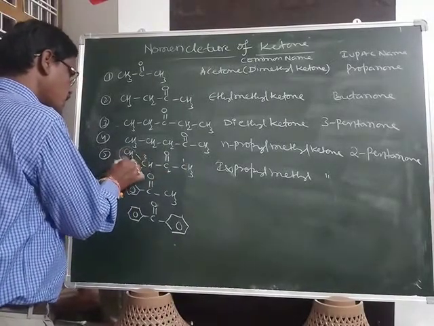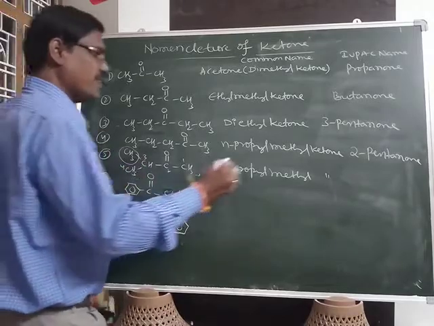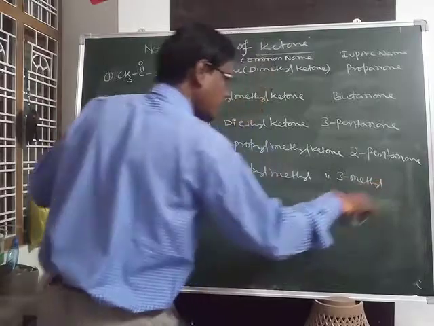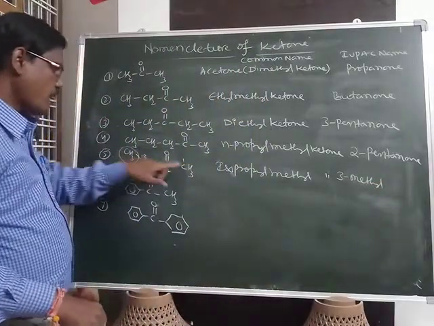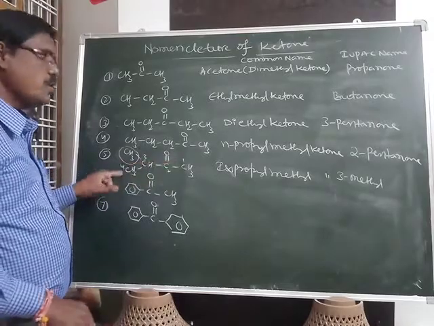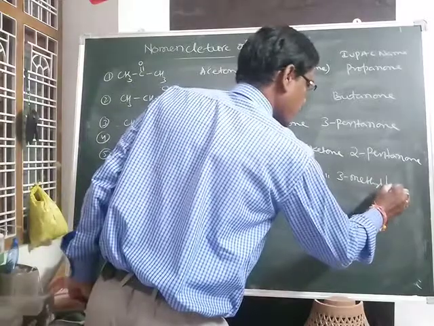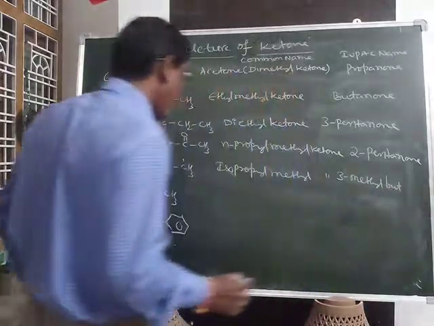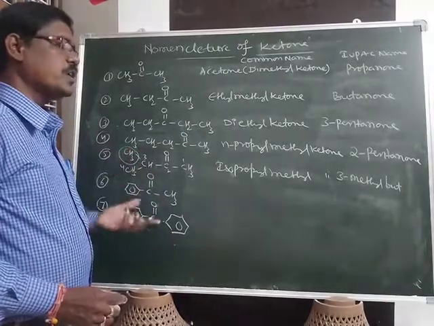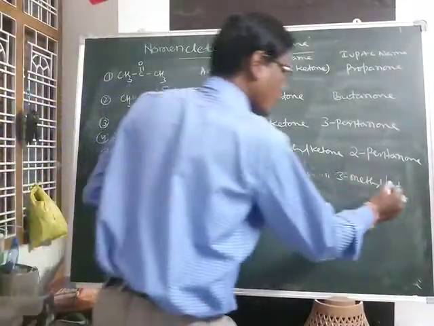The substituent is at the third position, so the prefix is 3-methyl. Prefix completed, and the 4 carbons are butane: but plus ane plus one is butanone. Since it is a ketone, we give the position, so 3-methylbutan-2-one.